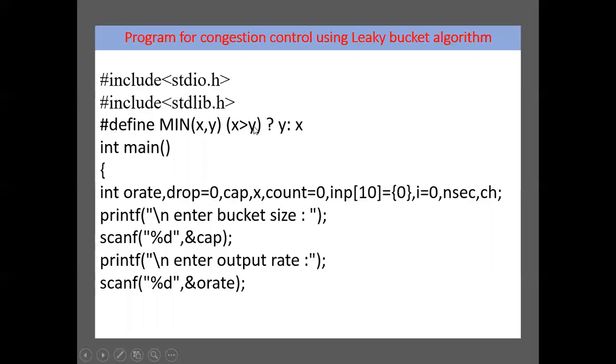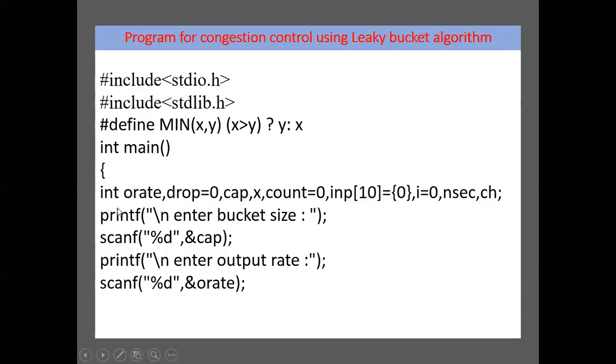So obviously, if x is greater than y, it indicates y is minimum, and y will be the result. Else, x is the result, x is minimum. This function we'll use in the program, that's why we are defining it in the beginning itself, to find the minimum between two numbers.